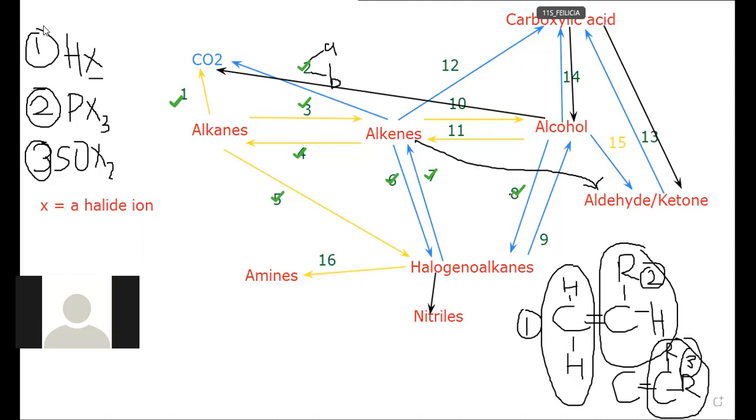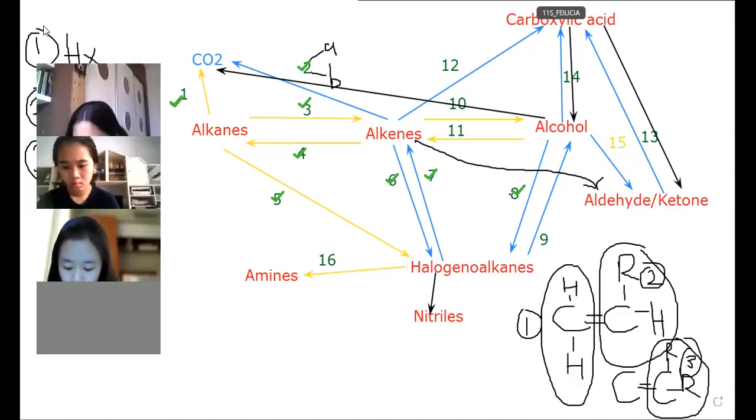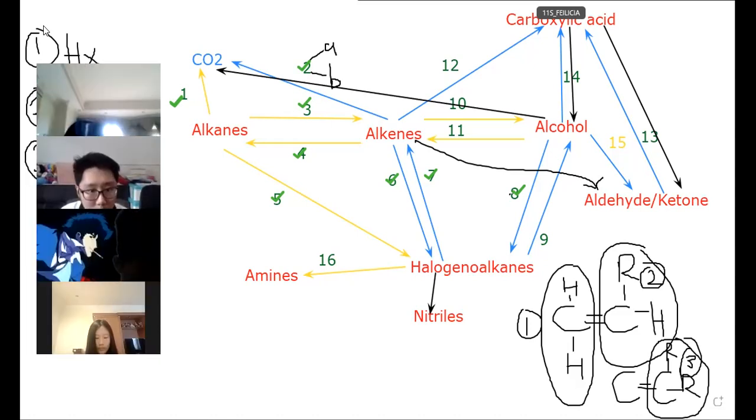It is using... What does it use? Can you help to find?